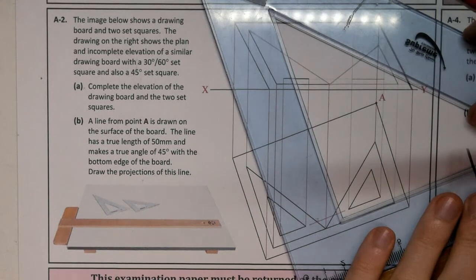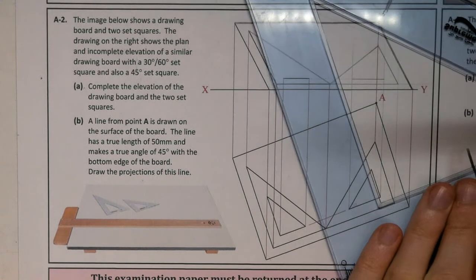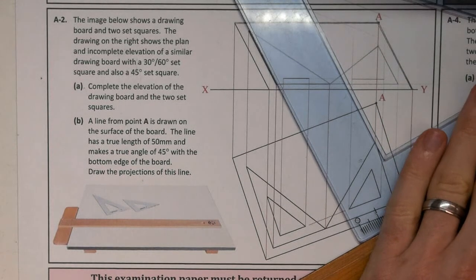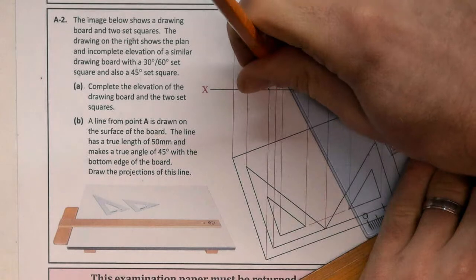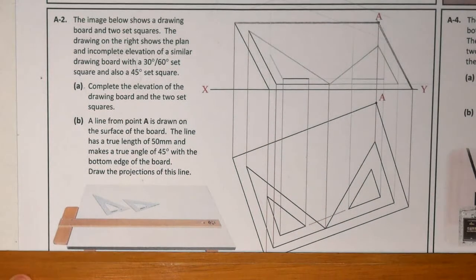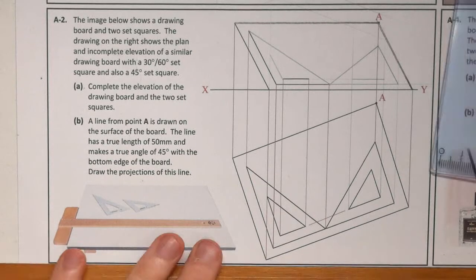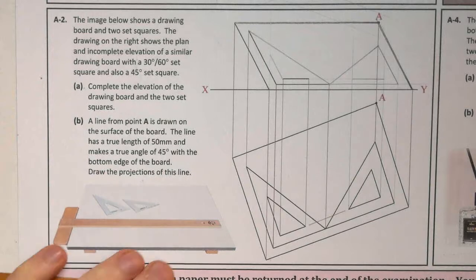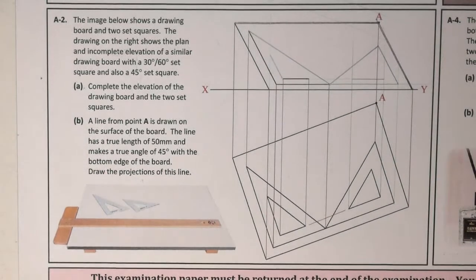So this edge here is parallel to that. Likewise, I'm going parallel. Then finally, I actually have the two points there determined, but just to show you it's parallel, I'll use my sliding set square to show that.